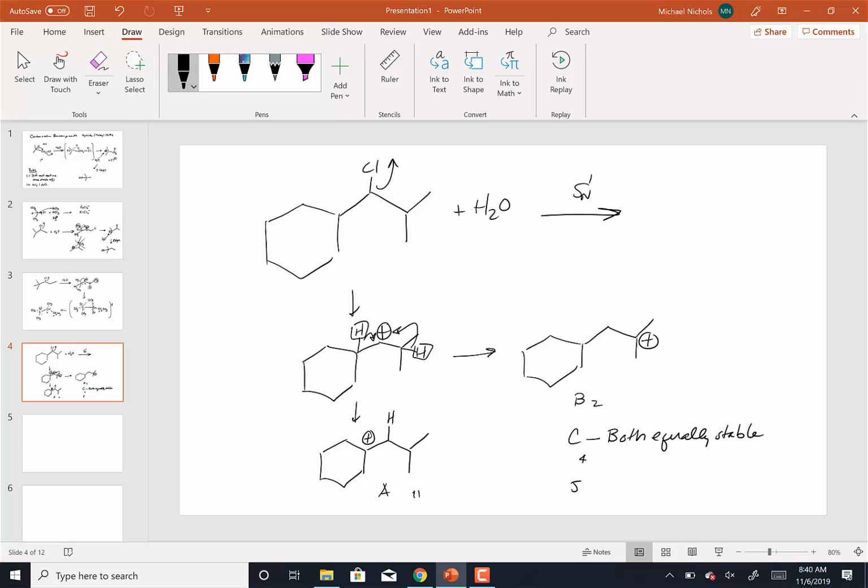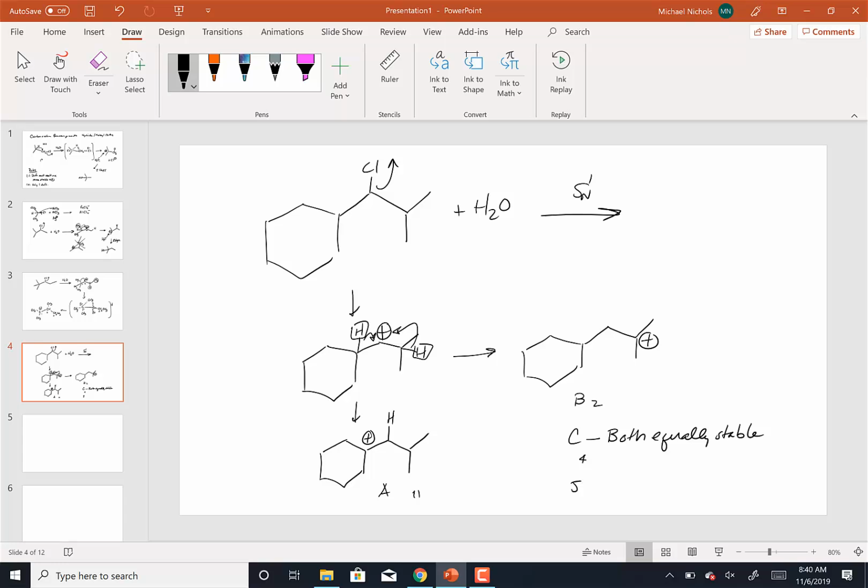I asked this question simply to take us back to our rules about how we judge whether a carbocation is more or less stable. How do we judge whether double bonds are more or less stable? What is our rule? Tertiary is more stable. The more substituted the double bond, the more stable it is.